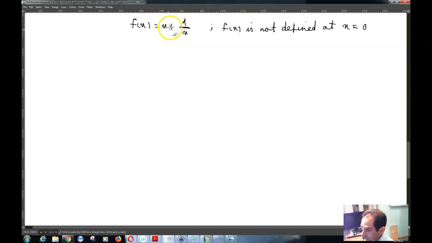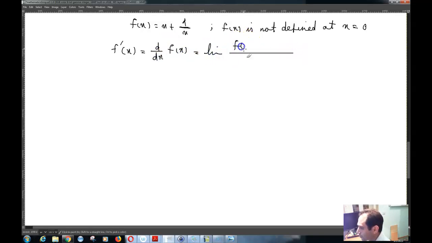Now, based on the first principle, to find the derivative of this function, you know that f prime of x, which is equal to d by dx of f of x, is equal to the limit of f of x plus h minus f of x over h as h tends to 0.